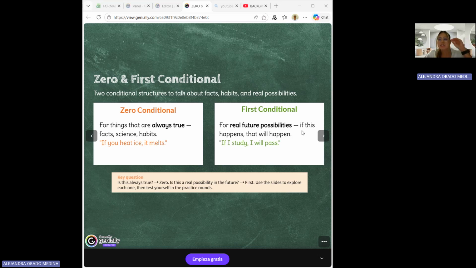If this happens, that will happen. It's realistic. Key question: is this always true? Zero conditional. Is this a real possibility in the future? First conditional. Use the slides to explore each one, then test yourself in the practice round. Keep that in mind through the whole episode.